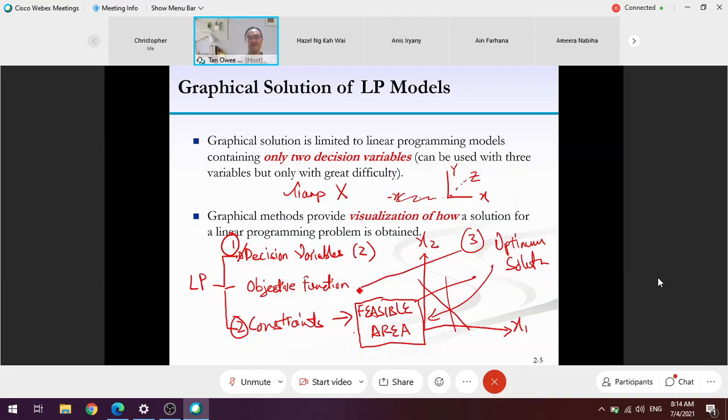One, we use objective function. Another one, you use point to point. So this is what I want to share with you in general. Sebab kalau saya terus masuk slide, you might not understand that. So I want to give you an overview of how to apply graphical methods to solve linear programming problems.